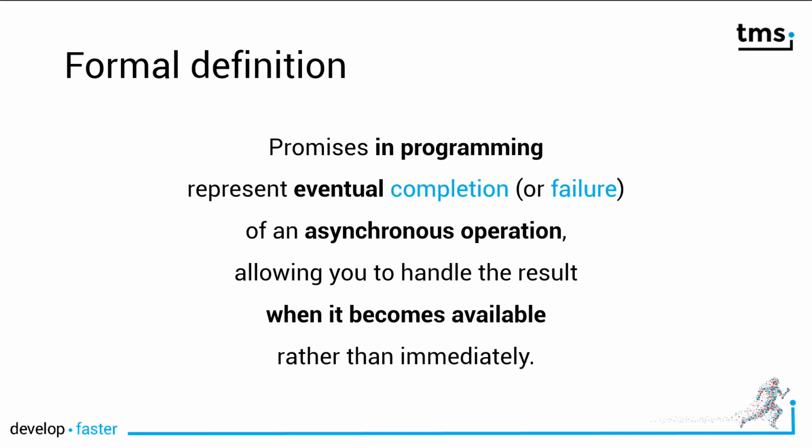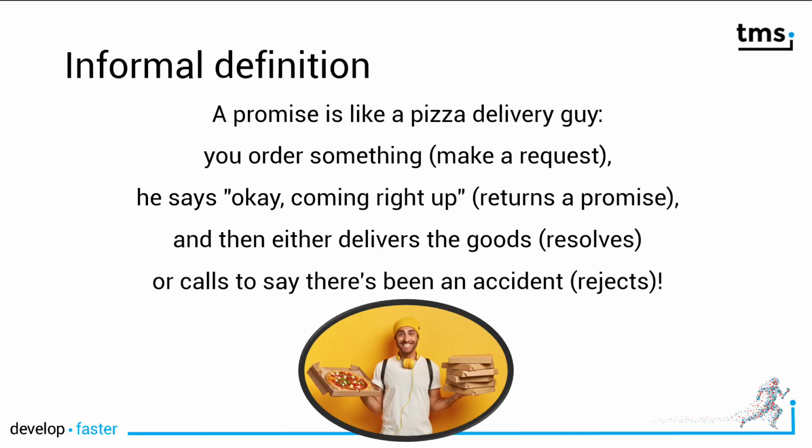You will get some kind of feedback from a promise when it becomes available. So if you issue a request for something, you get a promise. And as soon as it becomes available, either completion or failure, you will be able to continue in your code.